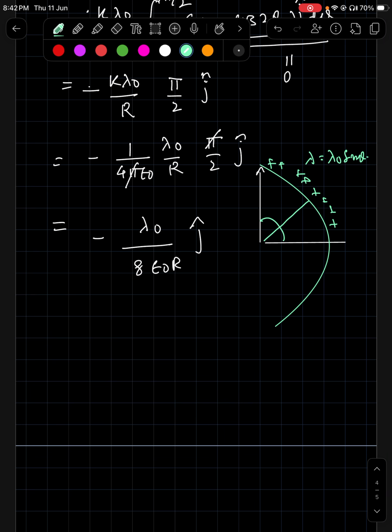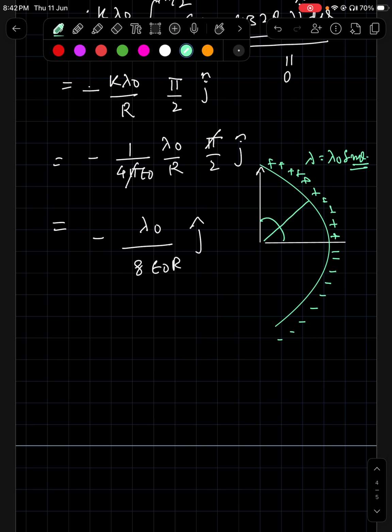But in the lower part, since it is the fourth quadrant, the sin theta value is negative, so all the charges are negative.